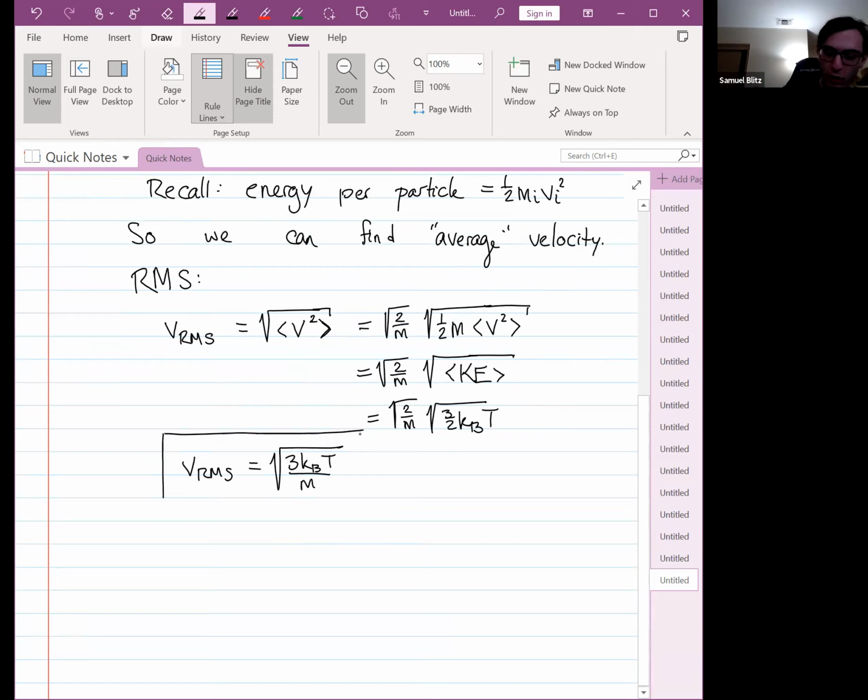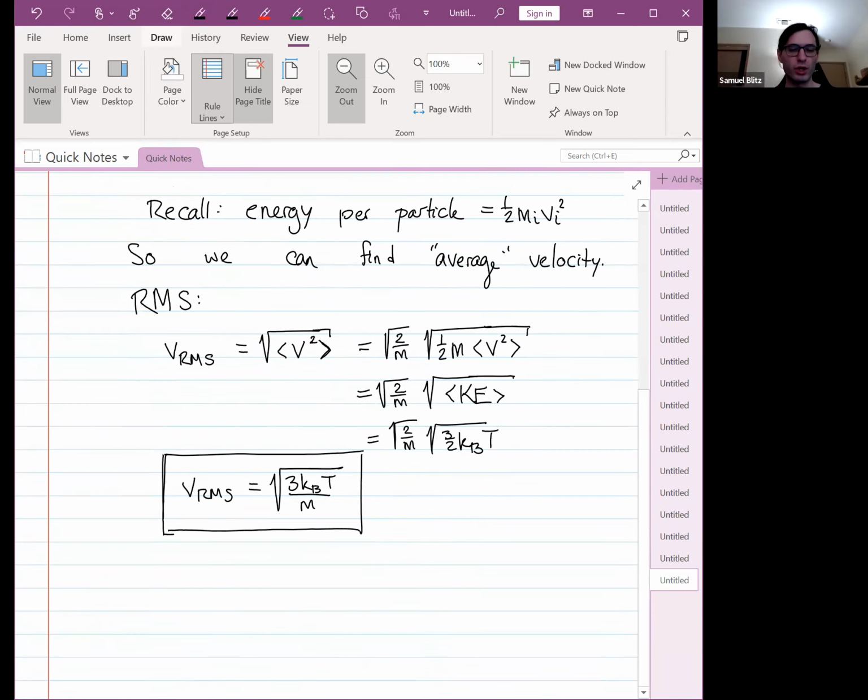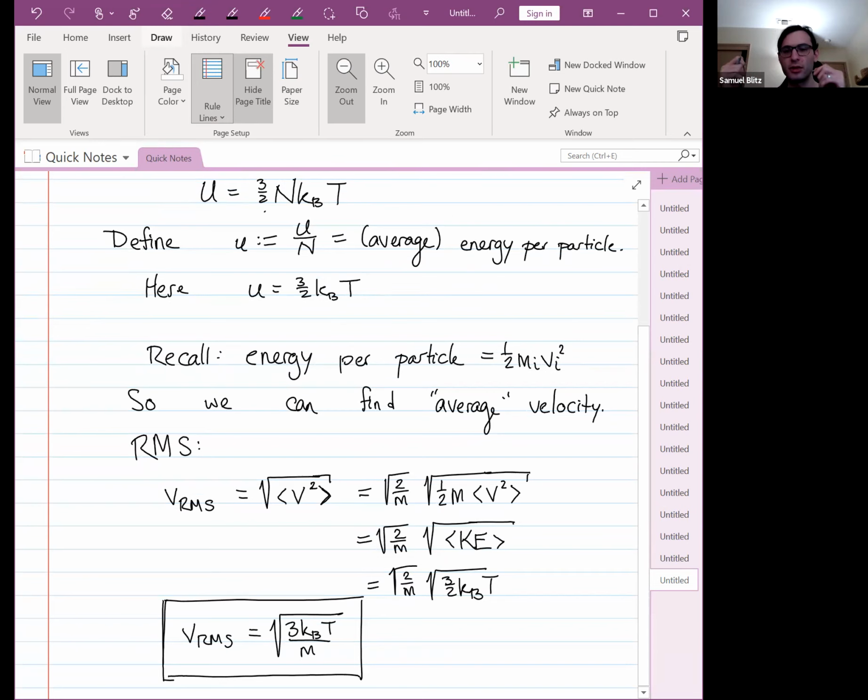Now it turns out this applies for all gases. The reason will become a little bit more clear later. But the point is, regardless of the type of molecule that you have, whether it's diatomic and it can rotate and vibrate, or triatomic and it can rotate every which way and has a whole bunch of vibrations, the energy is distributed evenly, in particular to its translational kinetic energy.